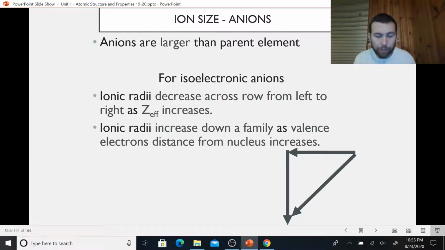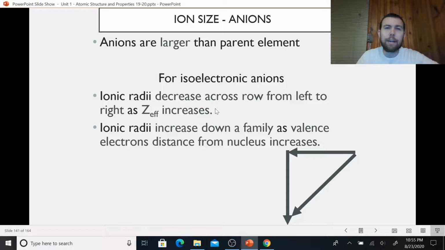The neutral counterpart has the same number of protons and electrons. But when you add additional electrons, the number of electrons now outweighs the number of protons, so there are increased repulsions in the valence shell, which causes it to be larger. The nucleus can't pull on all the electrons as effectively, so it gets larger.